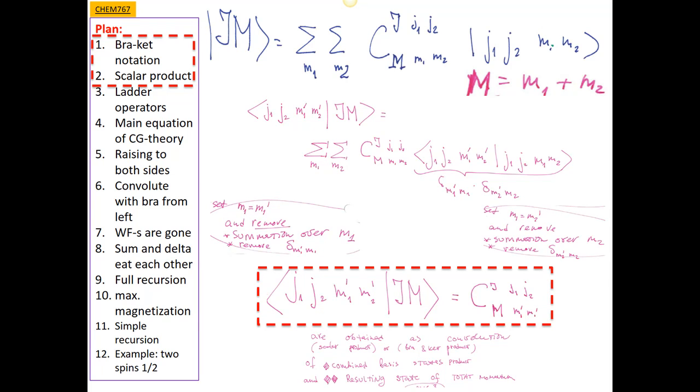We want to play with numbers. No operators, no wave functions, only algebra of numbers. So when we multiply bra times ket, or wave function star, wave function integration, we get rid of wave functions, we get a number. So here our number is a product of delta functions. This is also a number.